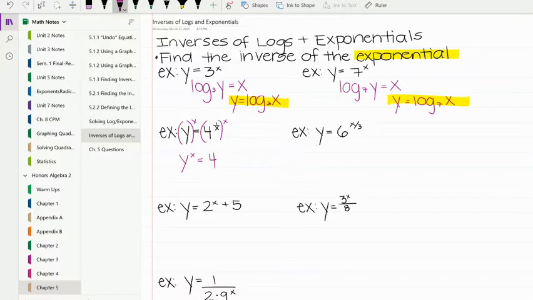Okay, so now it switched things up on us, but because it's in that nice exponential form, we know that we're going to have to convert it to a log, so we'll go ahead and do that. This would be log base y of 4 equals x. Now I solved for x, so then I would just switch x and y.